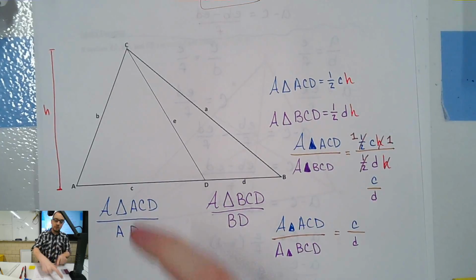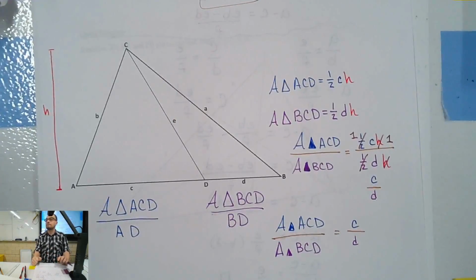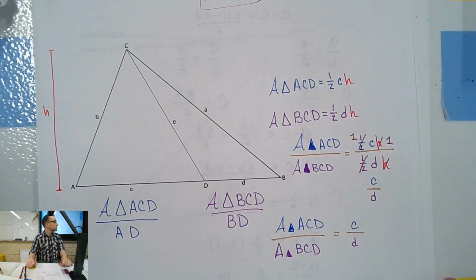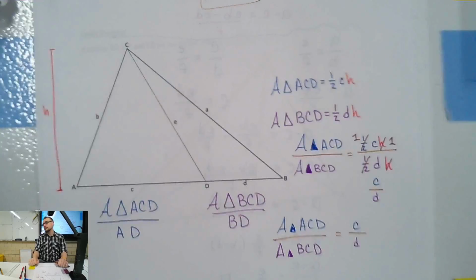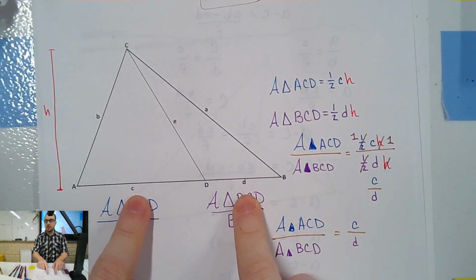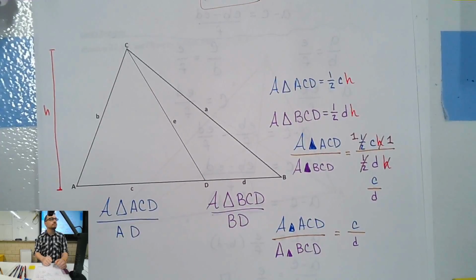This only works when the heights are the same, because when the heights are the same, they go away when we set up the proportion. If they're not the same, then they don't go away, and we get ch over cd, not very interesting. So when the height's the same, the bases will relate the same way the areas do. Is everybody cool with that idea?